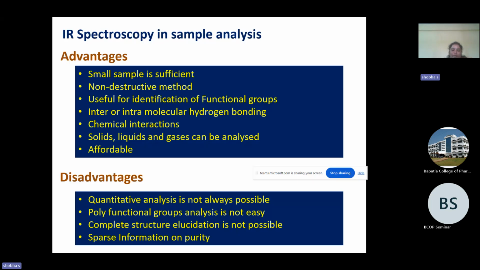Because we are only giving the functional group analysis, not the entire structure. For the entire structure, we may prefer other spectroscopic techniques like NMR, as well as instruments like chromatographic techniques such as LCMS and GCMS. And also this may have some impurities also.